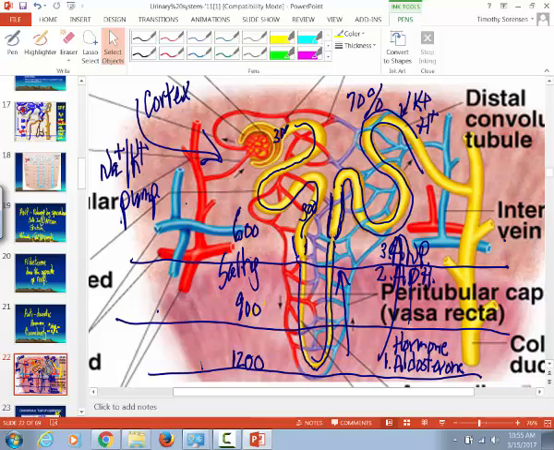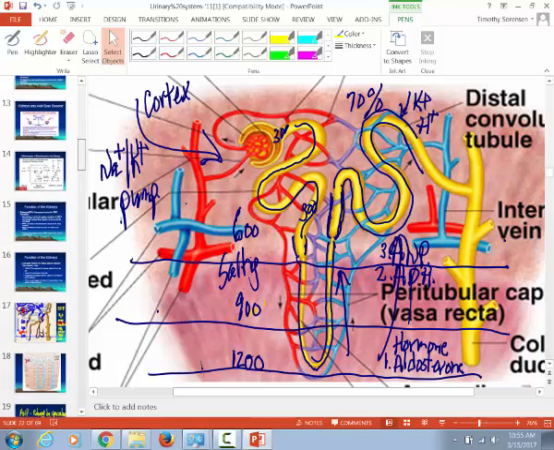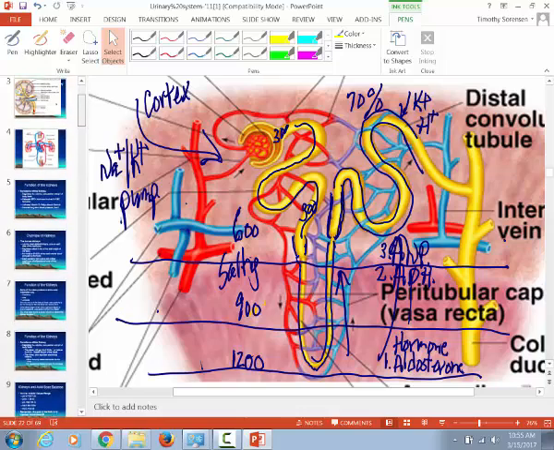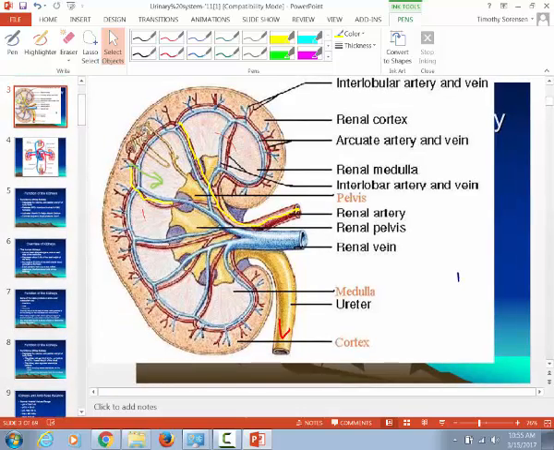And for the most part, the collecting ducts are impermeable to everything. They're impermeable to stuff and water. But watch. Now look, and again, the body doing stuff that makes sense.